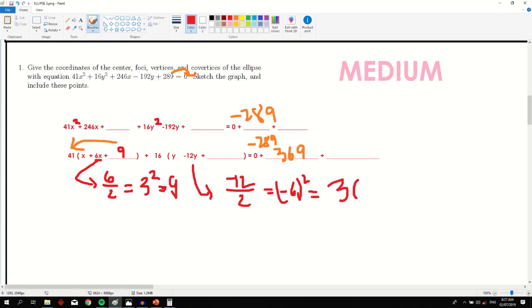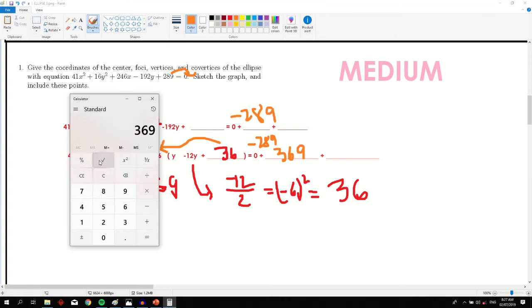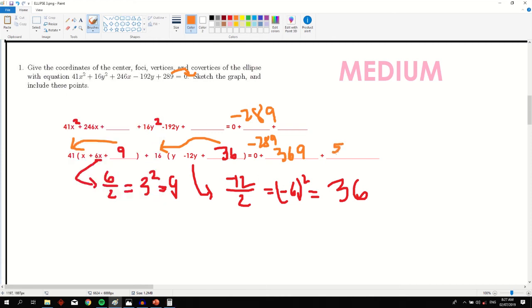So positive 36. Then we multiply that 36 times 16. We use our calculator technique. 36 times 16 is equal to 576. Alright, correct. Okay, very good.